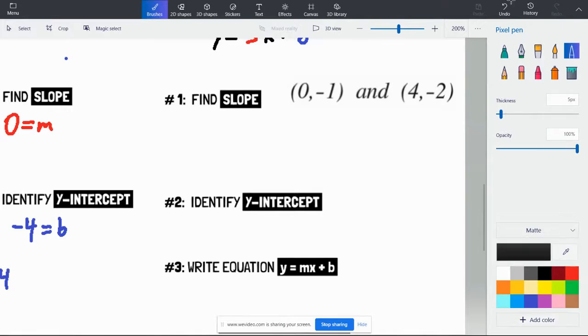If you need the formula, remember m equals y2 minus y1 over x2 minus x1. Try it yourself, and then unpause the video when you're done.